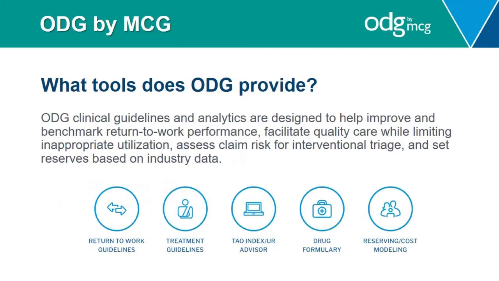What tools does ODG provide? ODG clinical guidelines and analytics are designed to help improve and benchmark return-to-work performance, facilitate quality care while limiting inappropriate utilization, assess claim risk for interventional triage, and set reserves based on industry data.